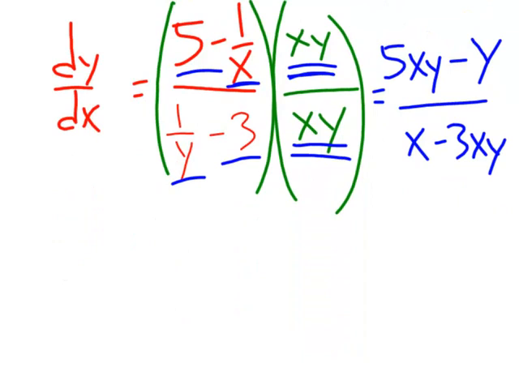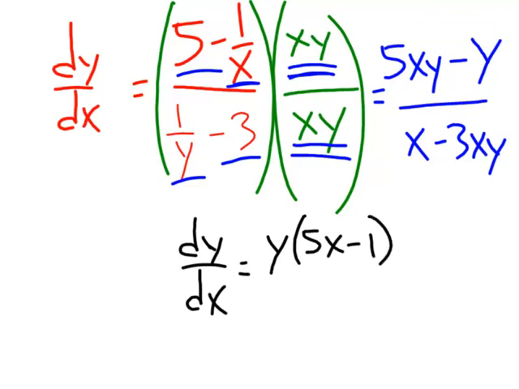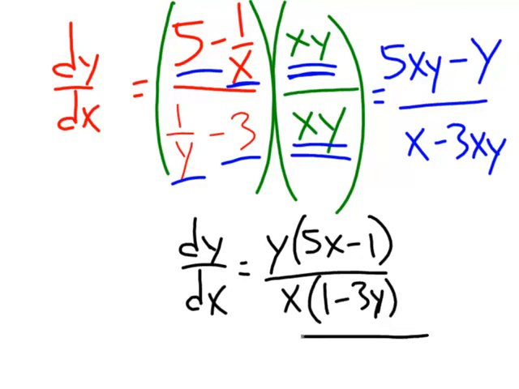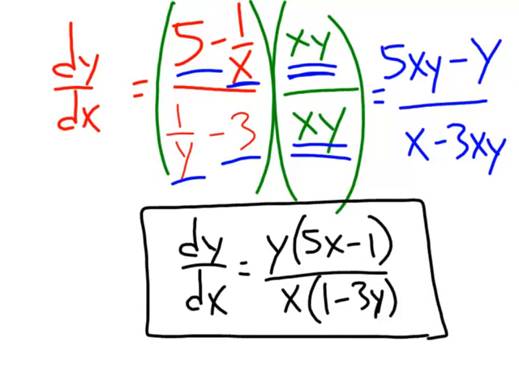And finally, about the only other thing we could do is then factor the top and bottom. So dy over dx. Up here, let's factor out the y, and we'll get y times 5x minus 1. And then down here, we'll factor out the x, and we'll get x times 1 minus 3y. All right, finally, put a box around it. We are done.